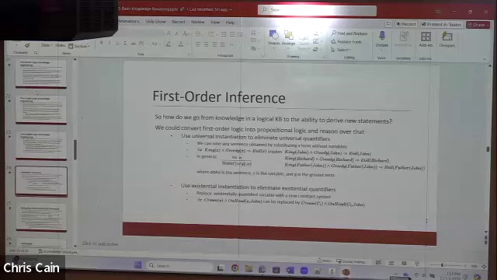Existential instantiation is the same thing for there exists. It doesn't work like universal instantiation. If we have an element of it, we can't know that it's true, but we can state that C1 is an instantiation of x, the element for which it is true.